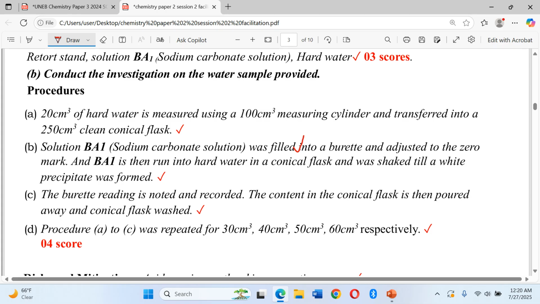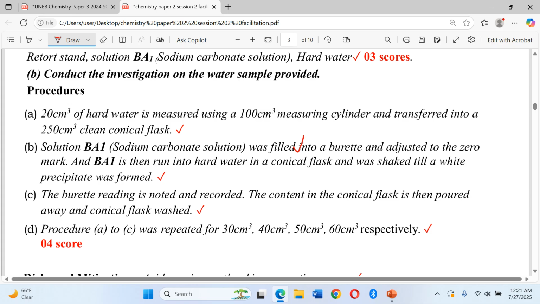When you react sodium carbonate with the ions present in the water, which we are calling magnesium ions, and we are calling it magnesium sulfate, they form a white precipitate. So we are going to titrate using that. The hard water in the conical flask, we titrate it with the sodium carbonate which is put in the burette.